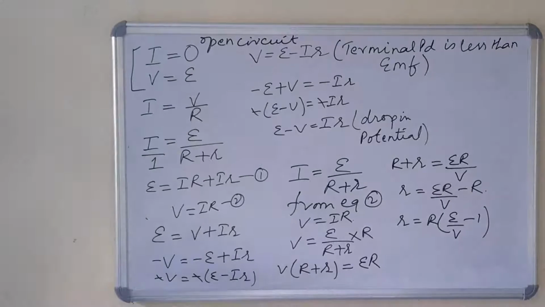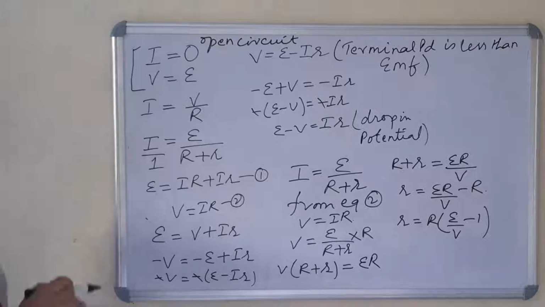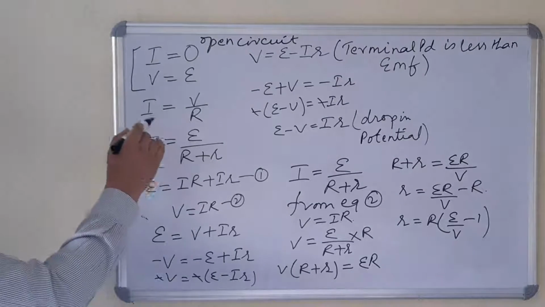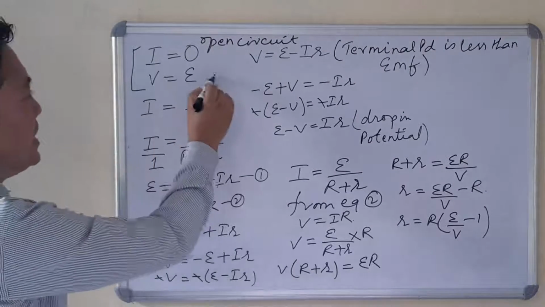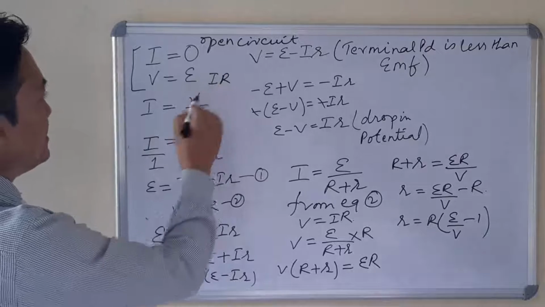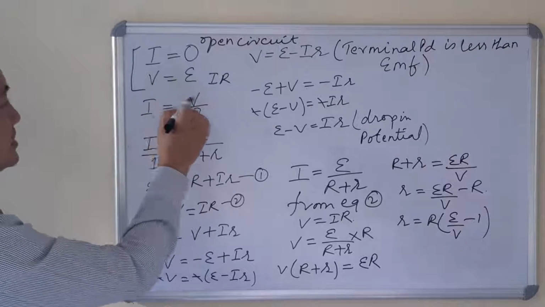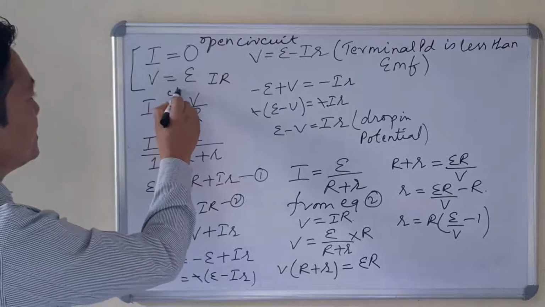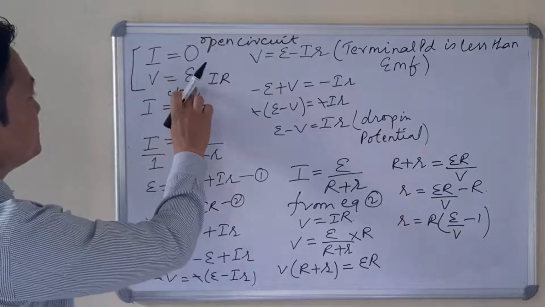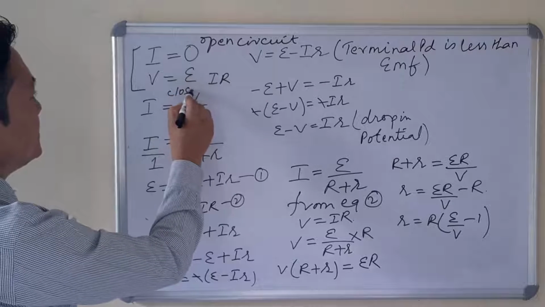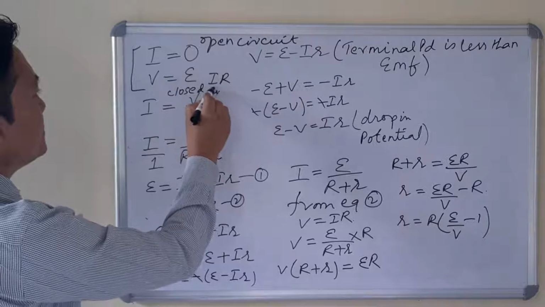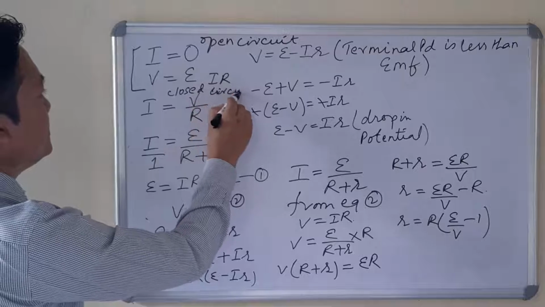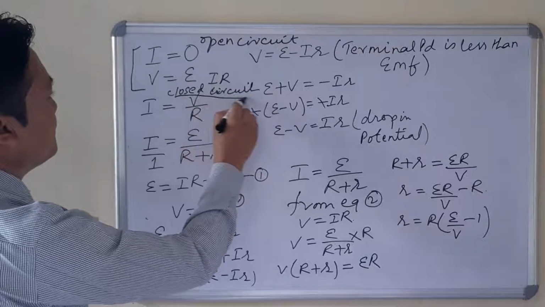And the second condition is there again. We know from Ohm's law, V equals to IR or IR equals to V. Now here, in this case, the circuit is closed. So this is for closed circuit.